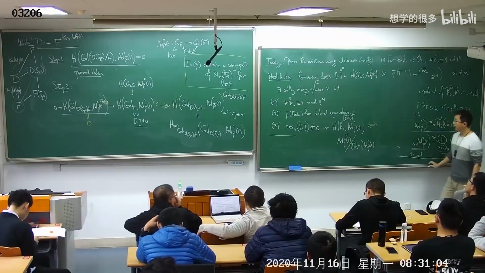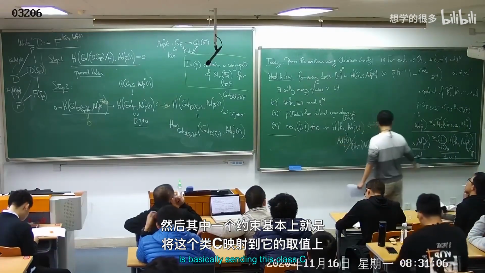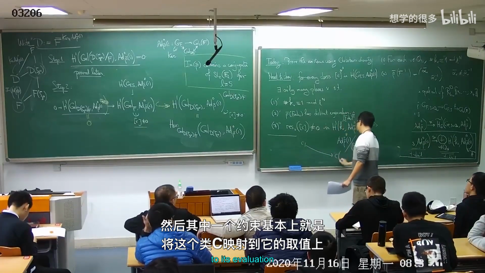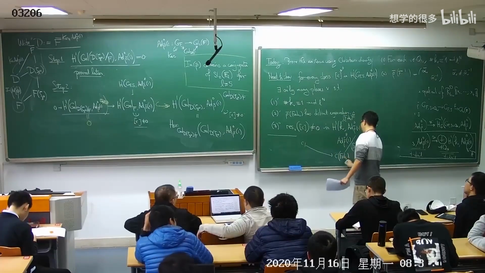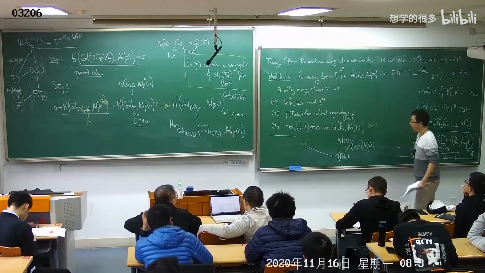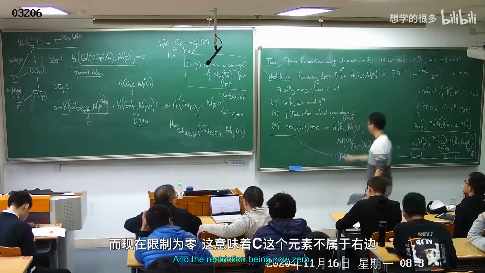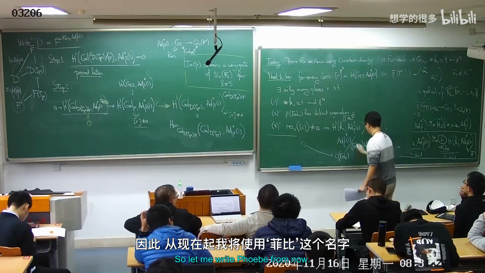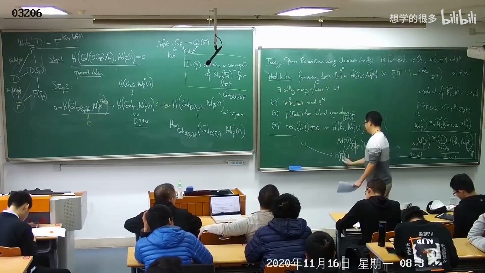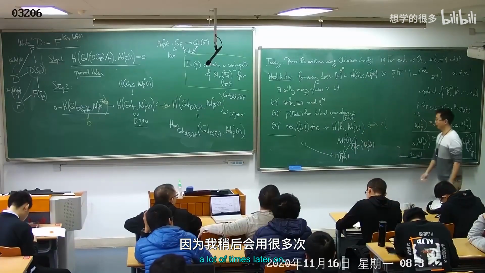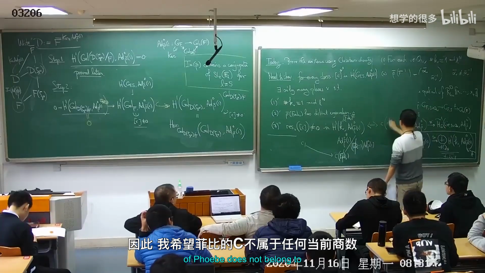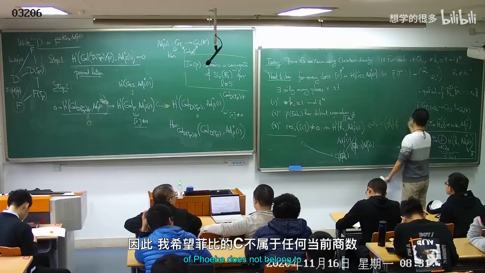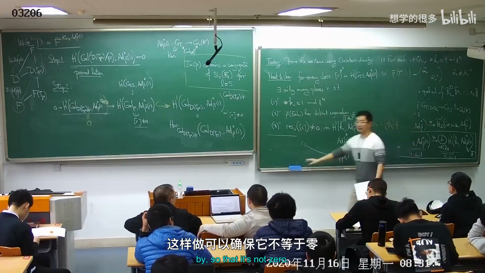And the restriction is basically sending this class C to its evaluation at this Frobenius element. And the restriction being nonzero means that C of this Frobenius, which is a little bit long to write, so let me write VV from now on, because I'm going to write it a lot of times later on. So I want to require that C of VV does not belong to whatever it's quotiented out by, so that it's not zero.